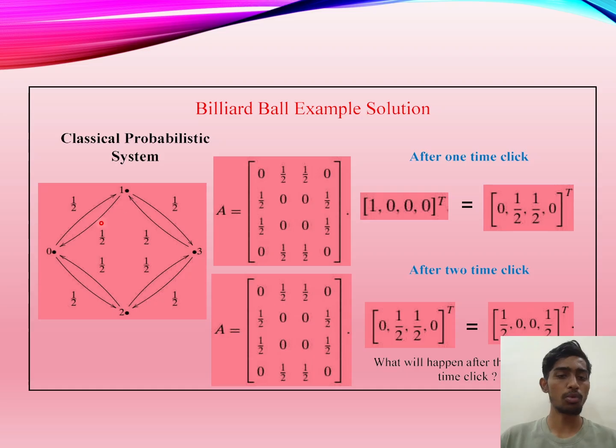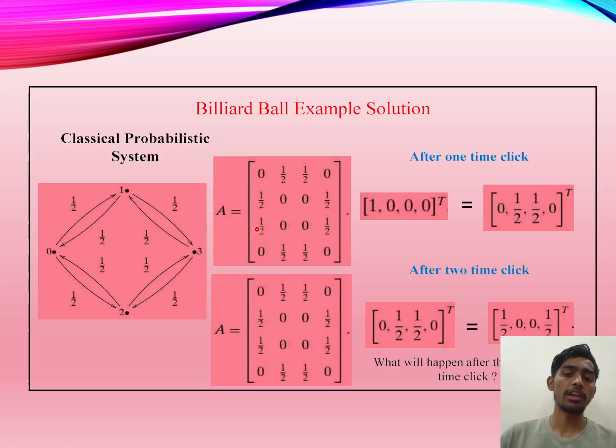Now, the probability of going from 0 to 0 is obviously 0, since 0 does not go back to its own place. The probability of going from 0 to 1 is 1 by 2, so we write 1 by 2 here.